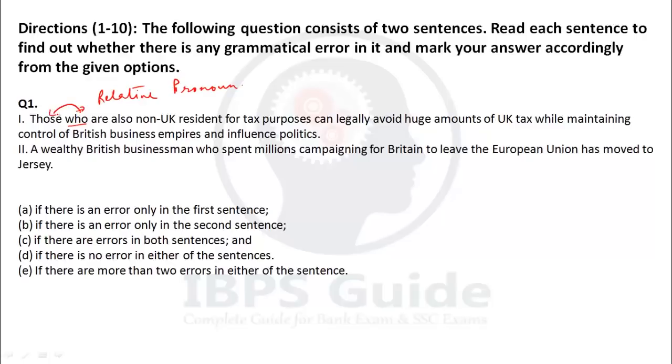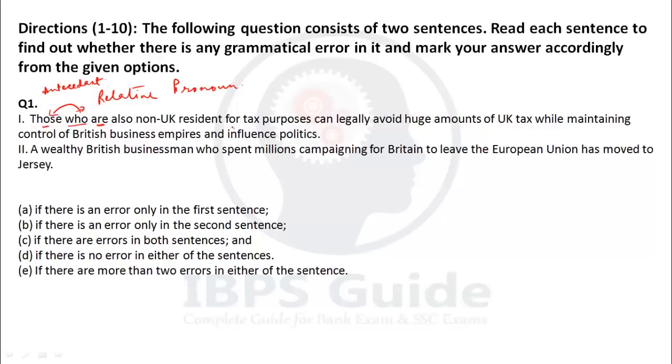And "those" is the plural form of "that", and this is called the antecedent. In English grammar, if the antecedent is plural, then the verb is also plural. So that's why we take a plural verb.